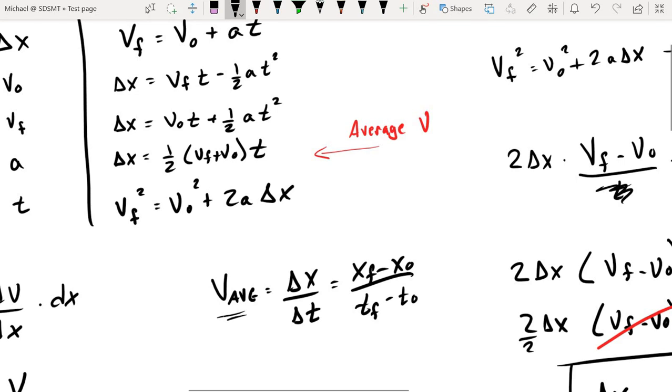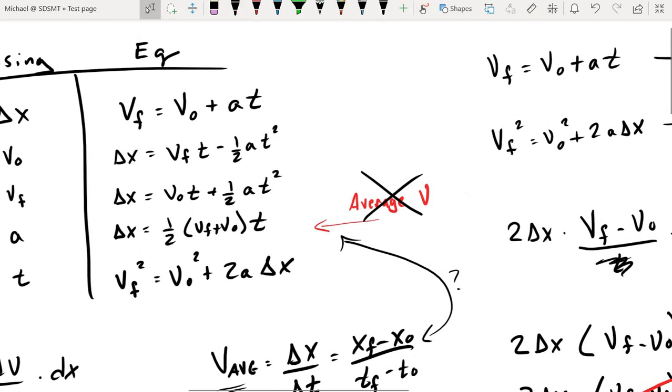Well, that equation doesn't look anything like the average velocity equation that we came up with in the previous videos. And I disagree with what the author has done here in naming the equation as such.